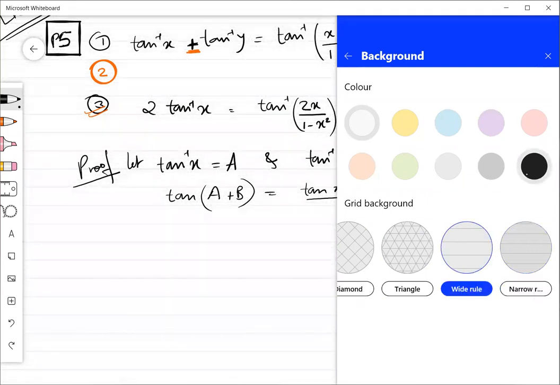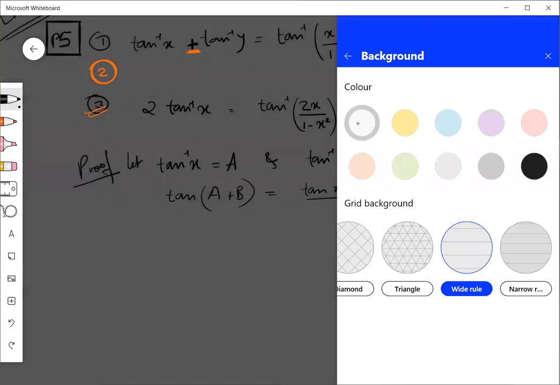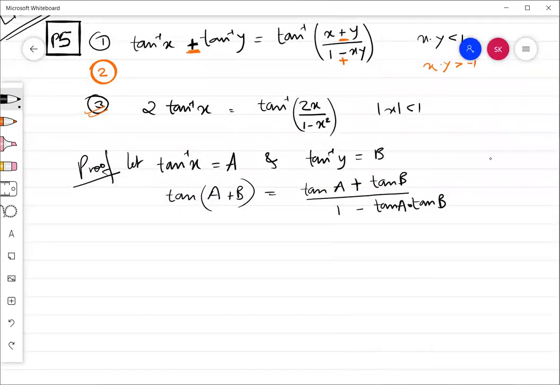Somehow I cannot see the grid line. Damn it. Okay. So tan of a plus b is tan a plus tan b upon 1 minus tan a tan b. Zale, proof zale. So what is tan a? If you look here, tan inverse of x is equal to a. That means tan of a is what? It is x, right?